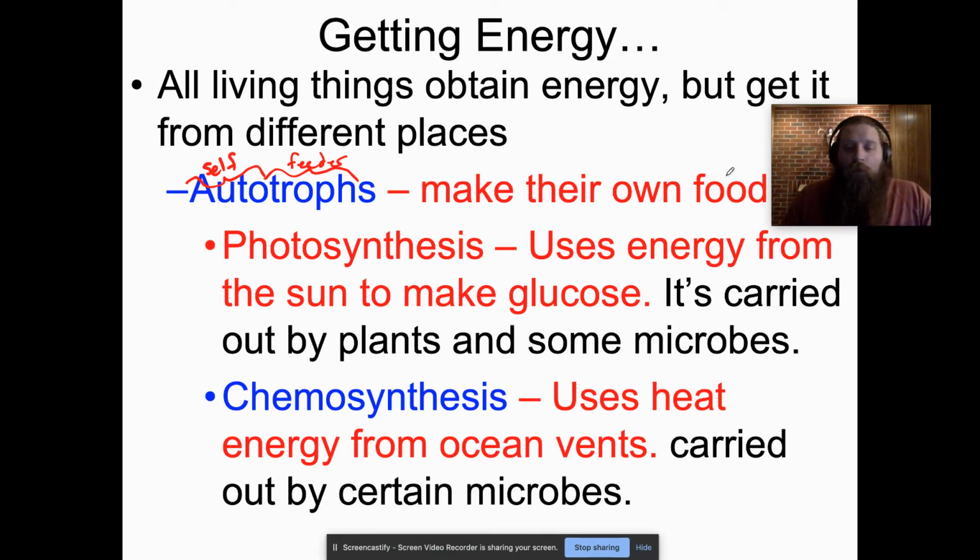Some of the organisms that live around the deep sea hydrothermal vents that you might have learned about in earth science are chemosynthetic, which is pretty cool. There is a lot of speculation that life may have actually originated through chemosynthesis at one of those deep sea ocean vents, which is just an interesting thing, all right?